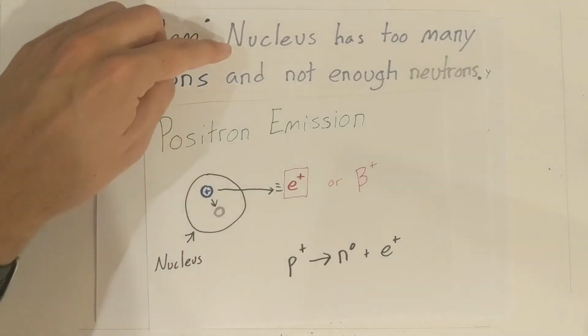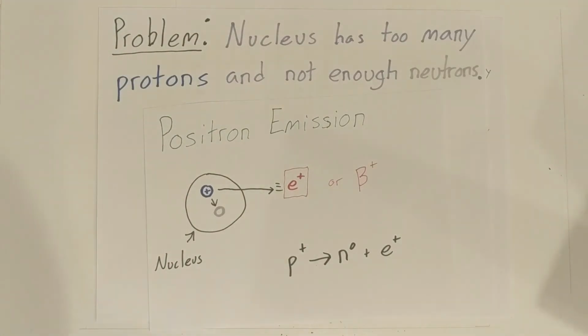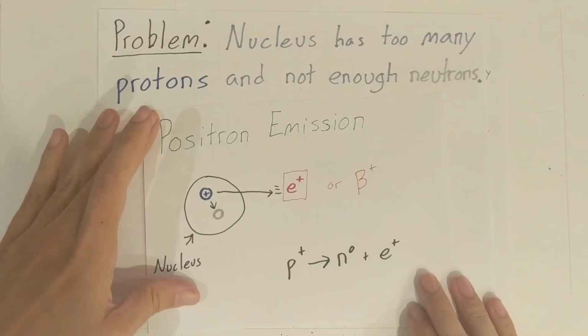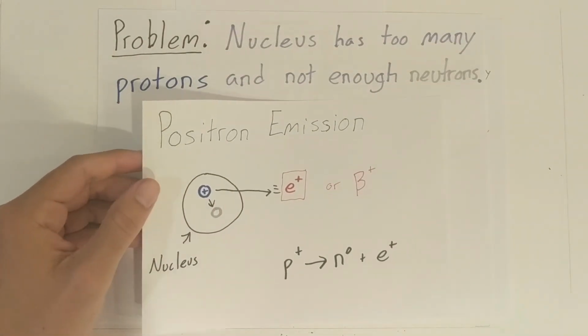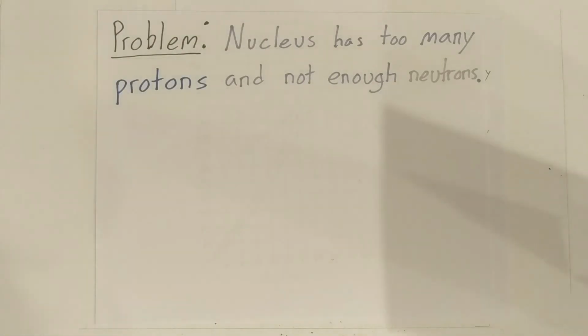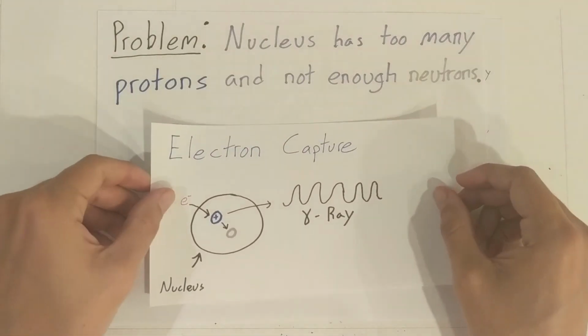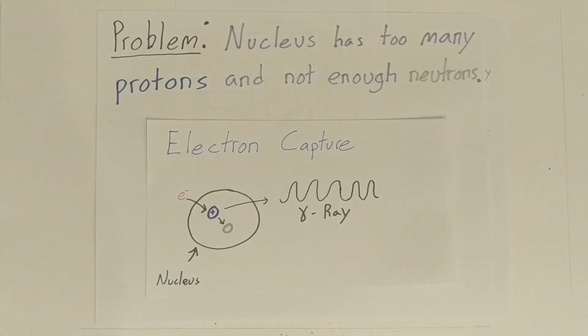So with this problem, the nucleus has too many protons and not enough neutrons. There is also another way that the atom can solve this problem and become stable. So positron emission is one way. Another thing that the atom can do is something called electron capture.